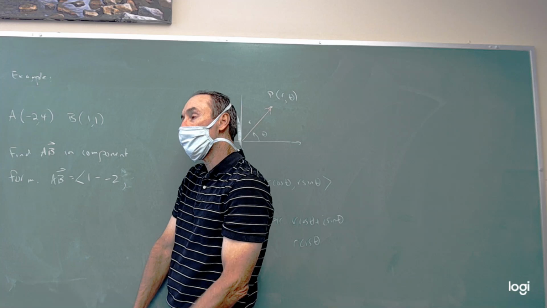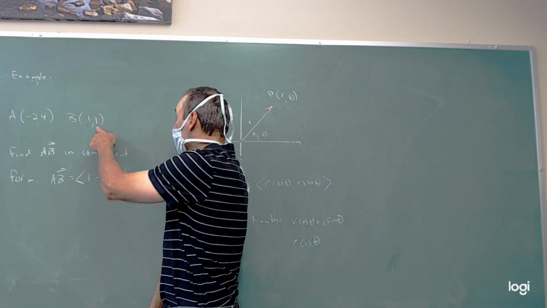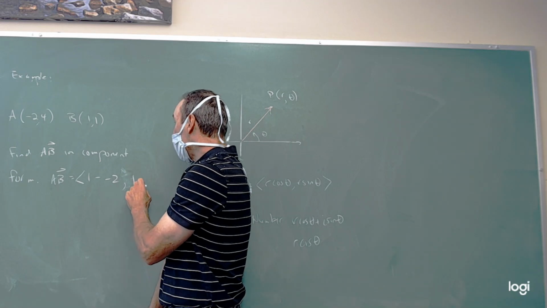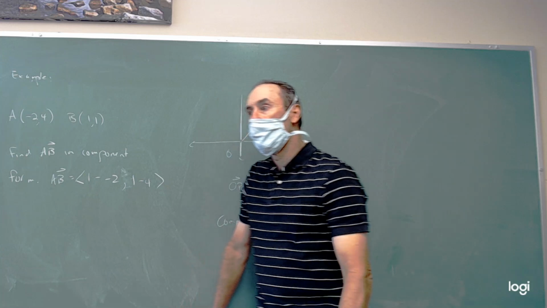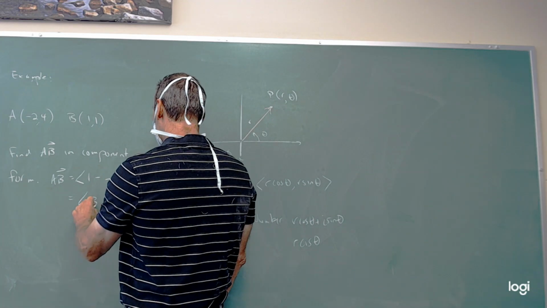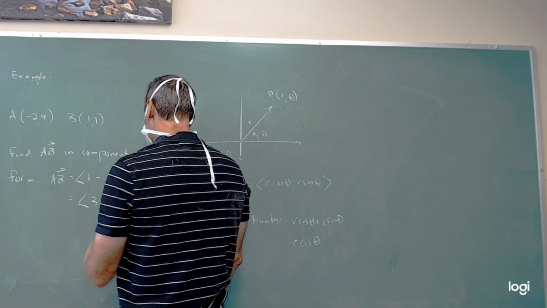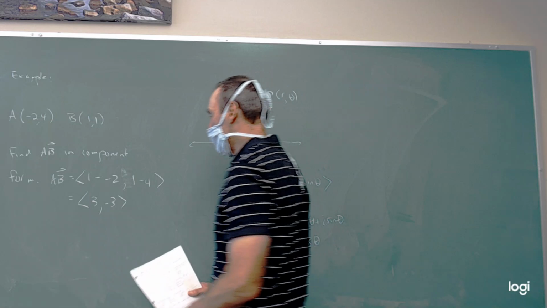And that's going to give us that horizontal component. And then likewise, we'll take the ending y coordinate minus the beginning y coordinate. And that's going to be the component form of our vector, which is going to be <3, -3>. And that's our vector AB.